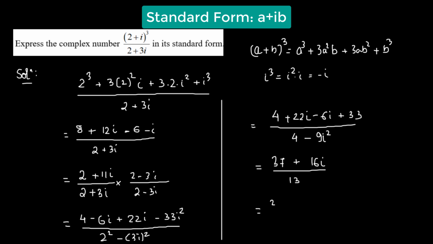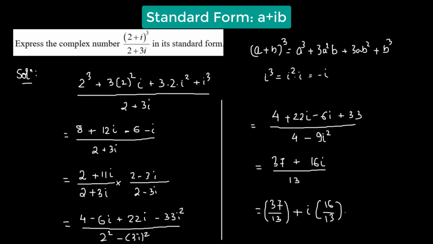So the final answer will be 37 over 13, which will be the value of a, plus i times 16 over 13, which will be the value of b. So we have the given complex number simplified and written in its standard form.